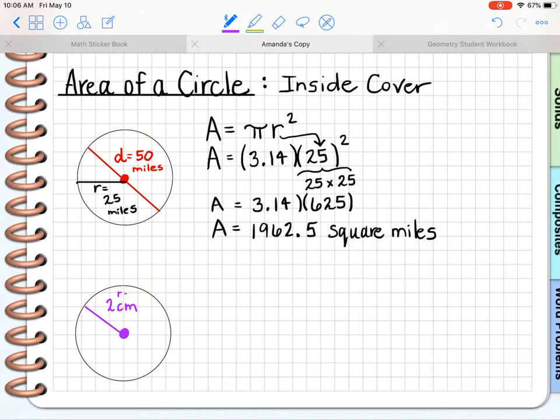Again, the diameter, if you wanted to look at the whole distance across, would be 4 centimeters. So radius is 2, diameter is 4. And this is a little bit over an inch. 5 centimeters would be about 2 inches, so we're really about 1.5 inches, somewhere in there. This is a very small circle.